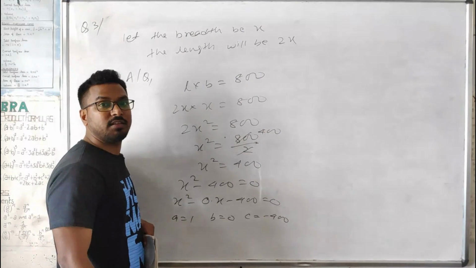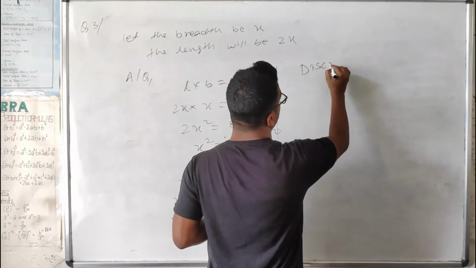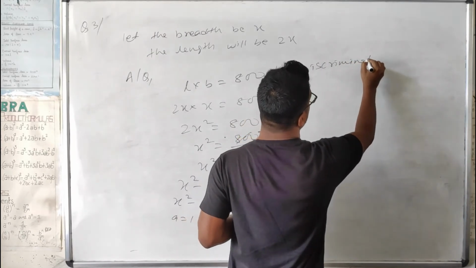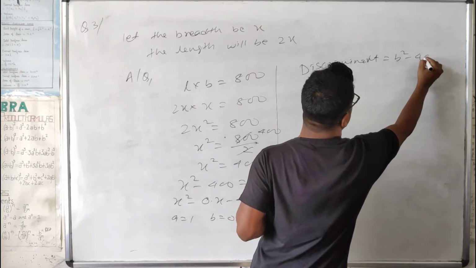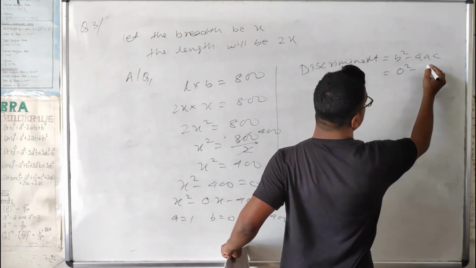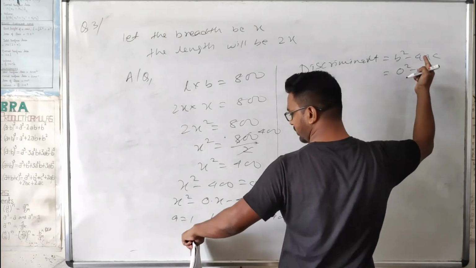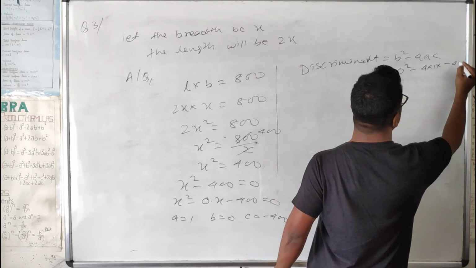Now we have to find the discriminant. Discriminant equals to b square minus 4ac. Now b is 0, so 0 square minus 4 into a, which is 1, into c, which is minus 400.